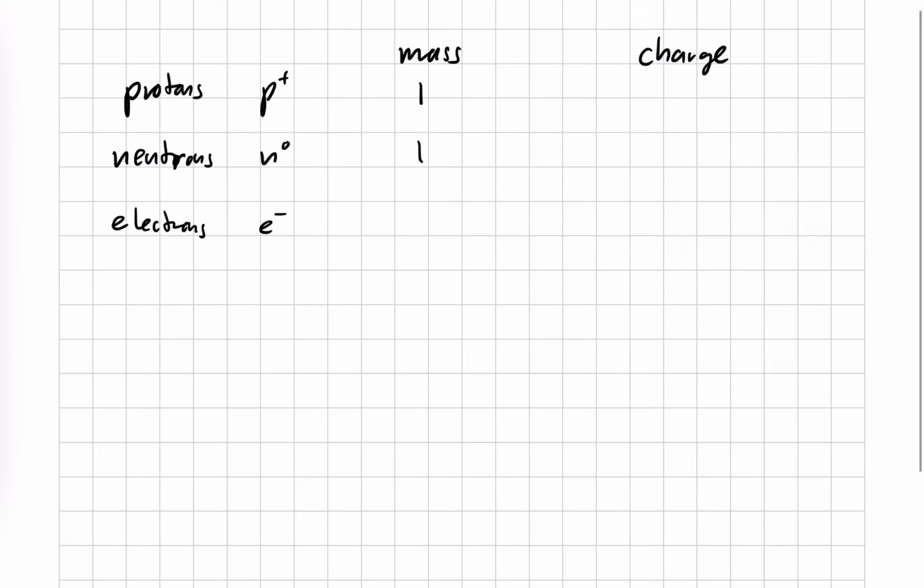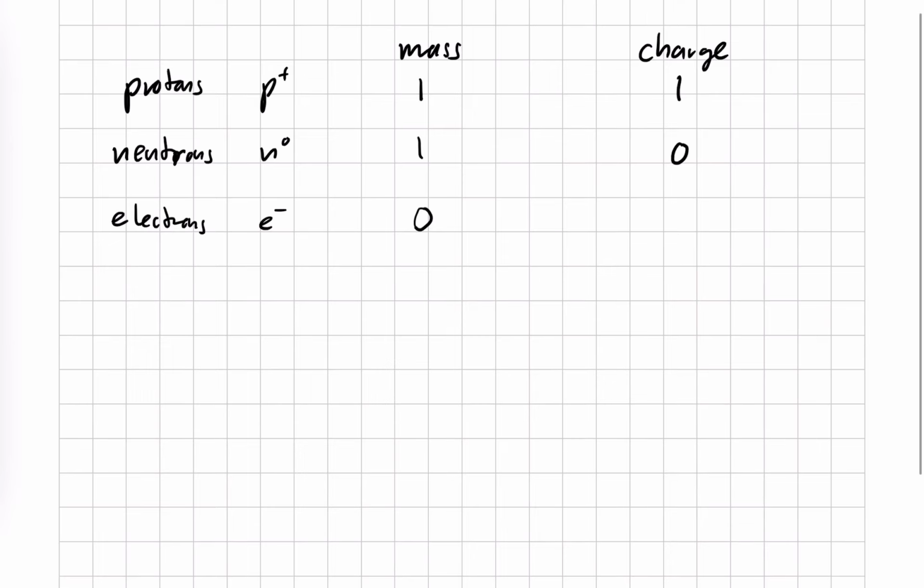With neutrons, it's also 1, and with electrons, it's 0. So electrons are so light that they virtually don't have a mass. With the charge, protons have a charge of 1 as indicated in the plus, neutrons have a charge of 0 as indicated in the 0 above the N, and electrons have a charge of -1 as indicated in the minus over the E.